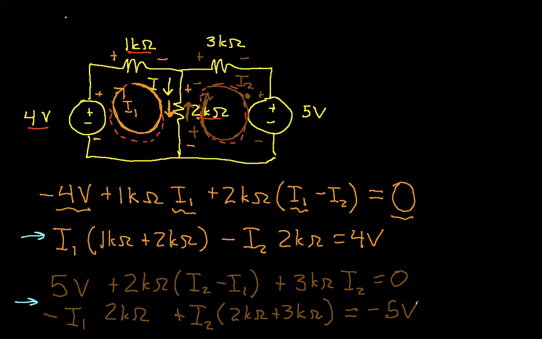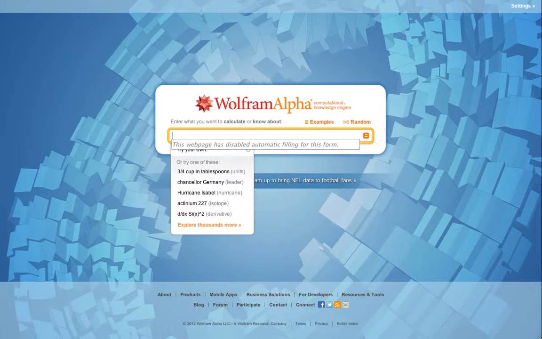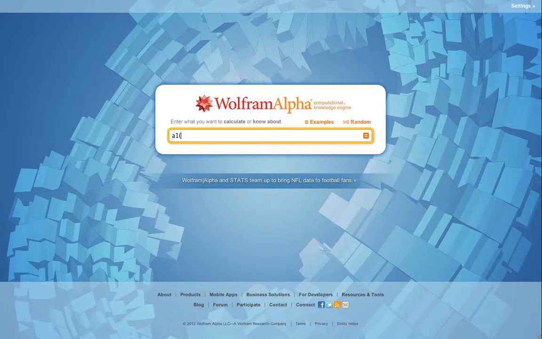Okay, so the first equation will be I1 times 1K ohm plus 2K ohms minus I2 times 2K ohms. And I think I'm going to change this from I1 to just A1, because Alpha tends to think of I as the square root of minus 1.